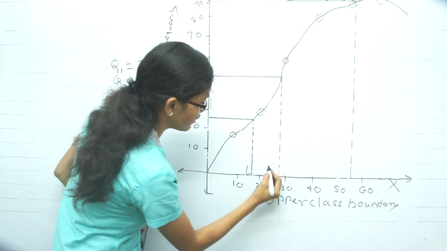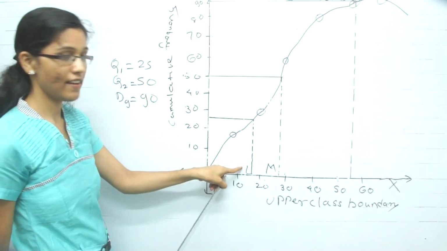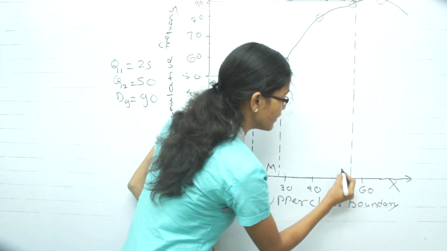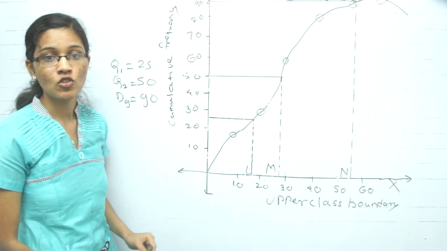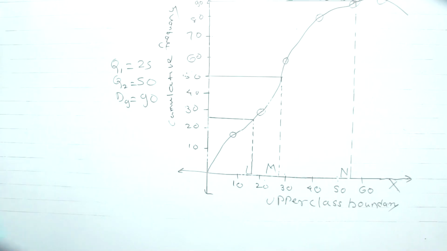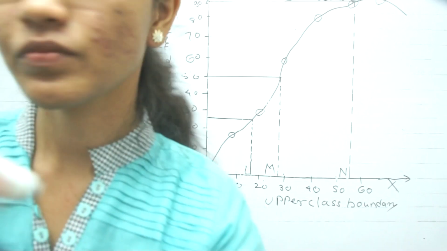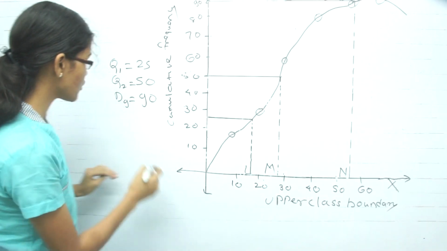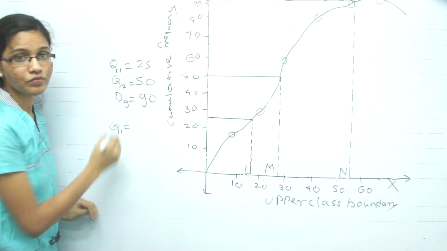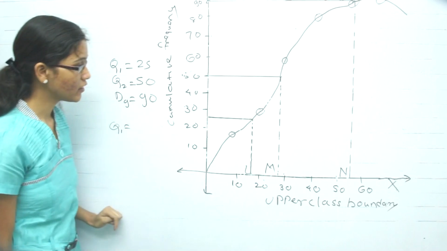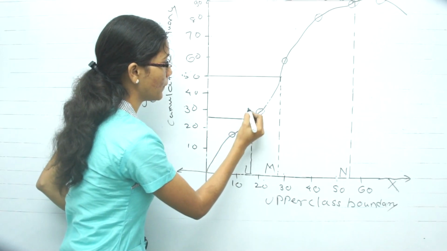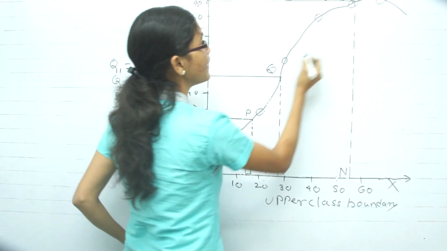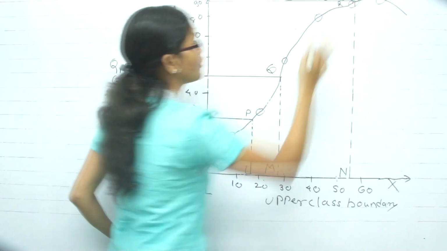You have given the names L, M and then N. Okay friends? So first quartile is called as what? This P, Q, and this is the R. You have given the names.